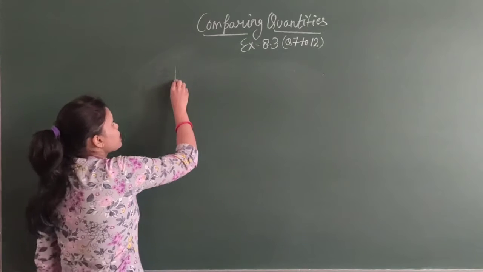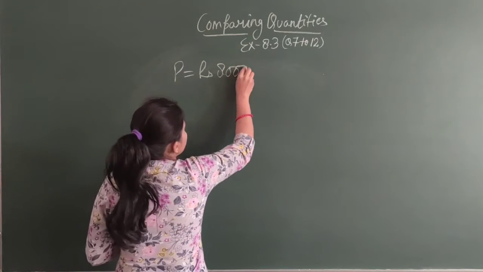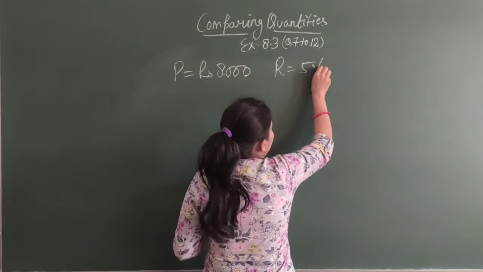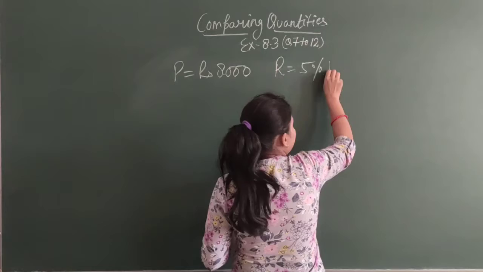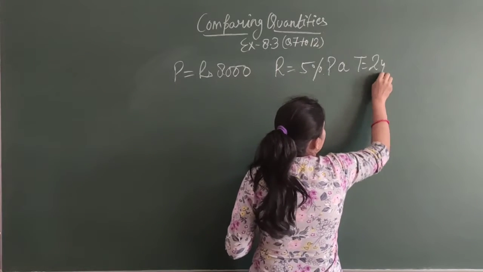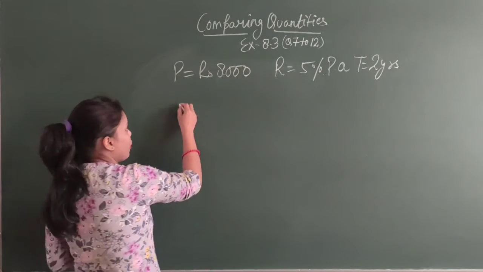So principal is given as rupees 8,000, rate is given as 5% per annum, right, and time is given as 2 years. So we know the formula.